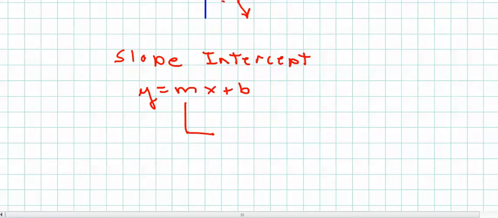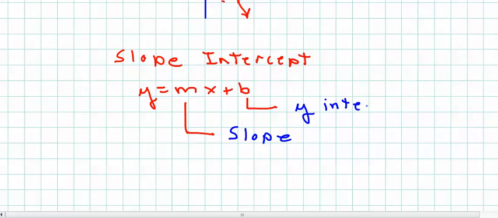Slope-intercept. This is commonly referred to as y equals mx plus b. You know right now that the slope is m, and although it's not hugely important, the y-intercept is b.